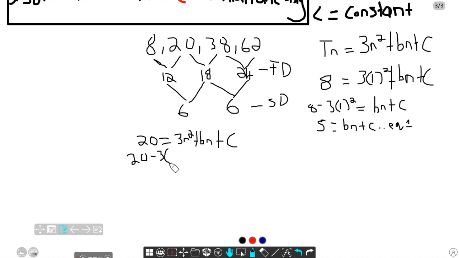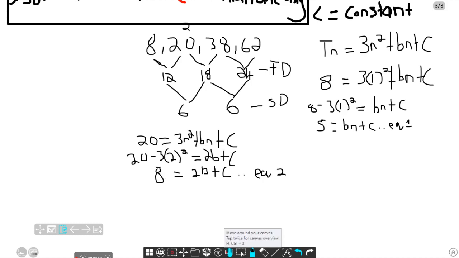And then remember, n represents the position. 20 is in position number 2. So I've already transposed it to that side, which will be equal to 2b, because we're using position 2. This is going to be my equation 2.